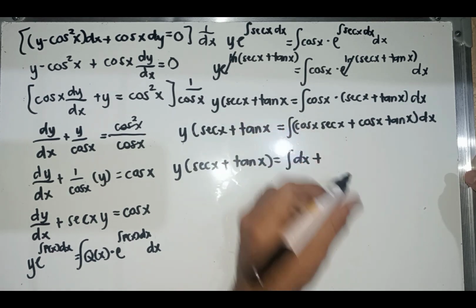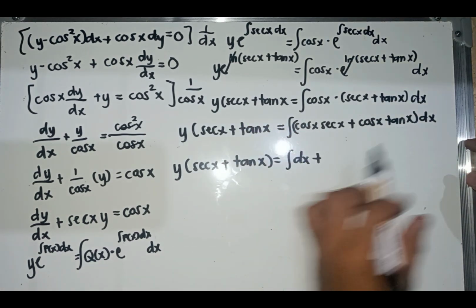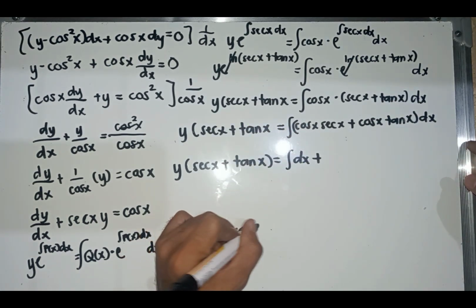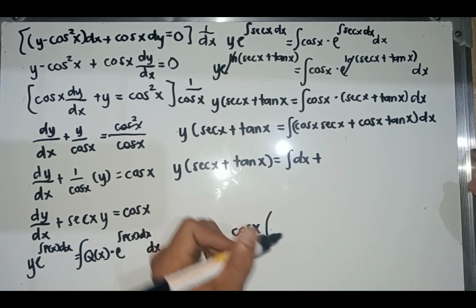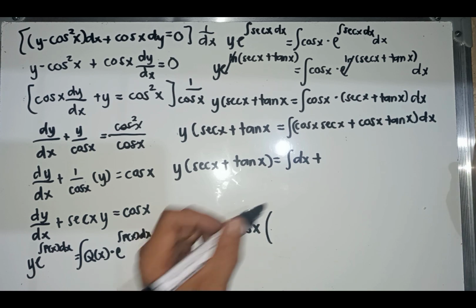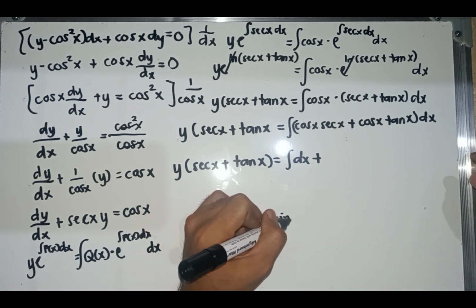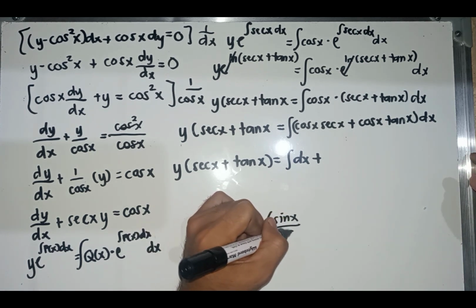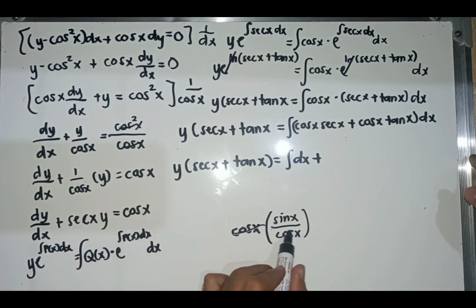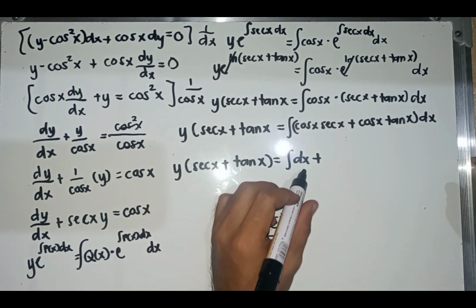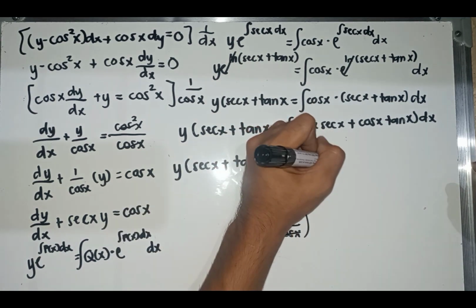Then plus cosine of x multiplied by tangent of x, and since tangent of x is equal to sine of x over cosine of x, we cancel the cosine, so we're left with sine, so this would be dx plus the integral of sine of x dx.